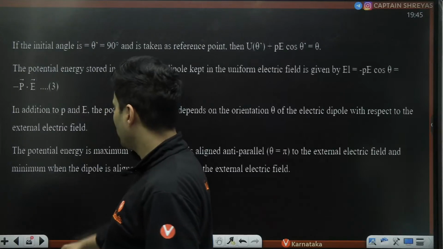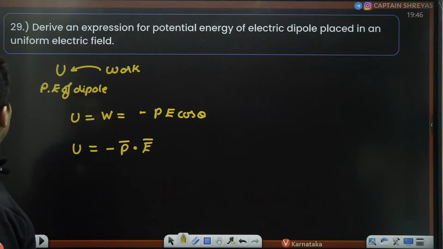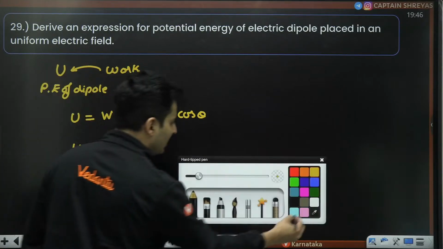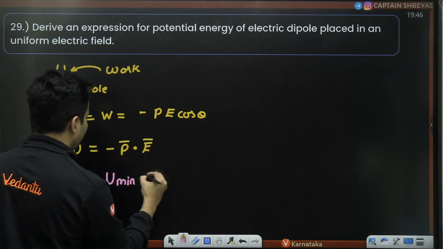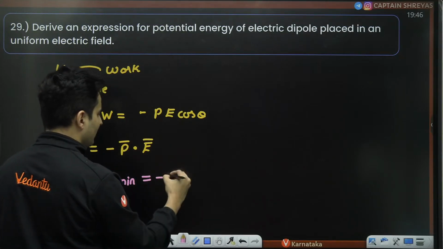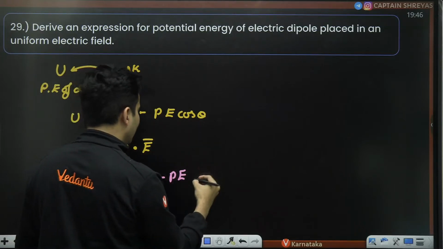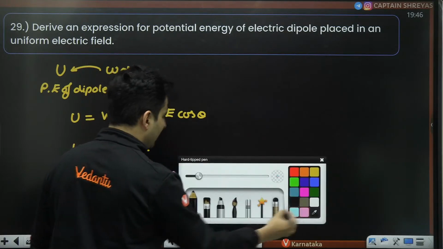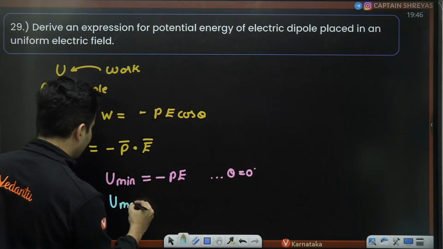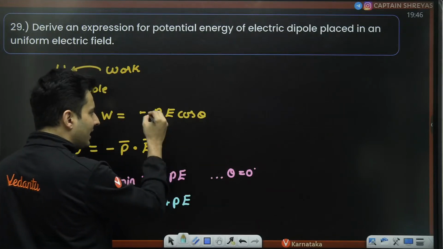So all this is there over here also. And have they mentioned anything else to be derived? No, that's it. If you want, you can mention that potential energy will be minimum and it will be minus PE when cos theta is 1. That means theta is 0 degrees. And potential energy will be maximum and it will be plus PE when cos theta is negative 1.